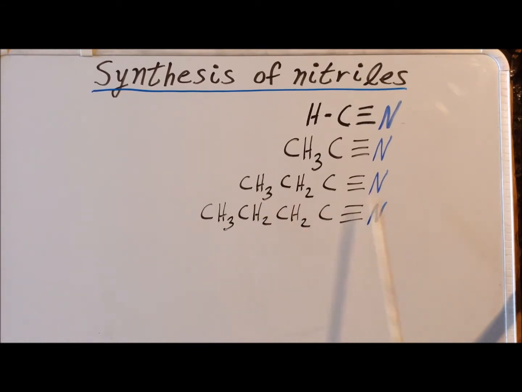Because the corresponding carboxylic acid is butyric acid, this can be called butyronitrile. The last possible name for it is 1-propyl nitrile.